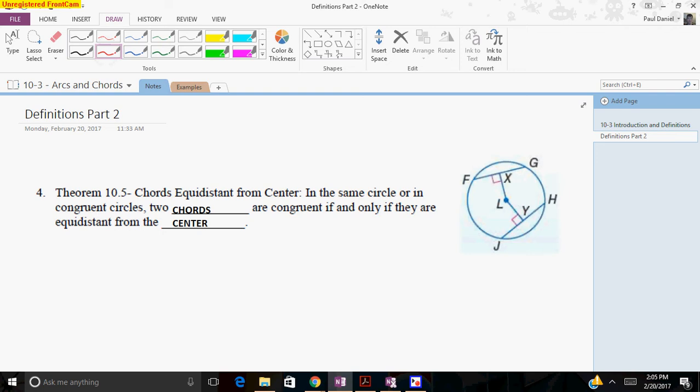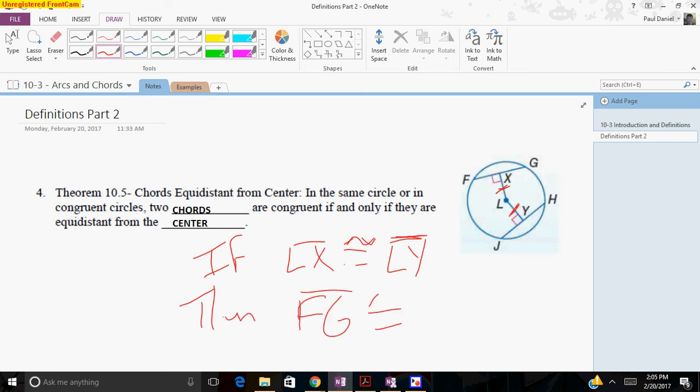That means if they are the same distance away, basically if, in this case, LX is congruent to LY, if that is true, then that's going to mean that FG is congruent to JH.